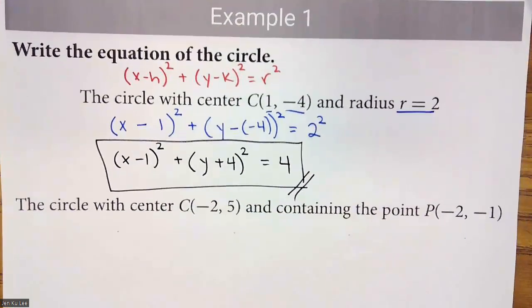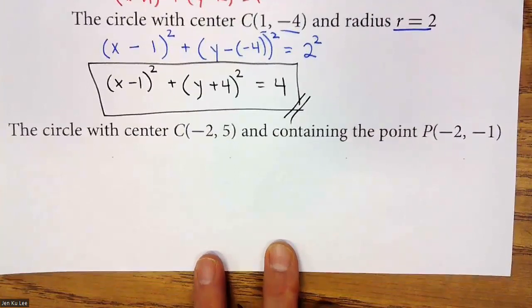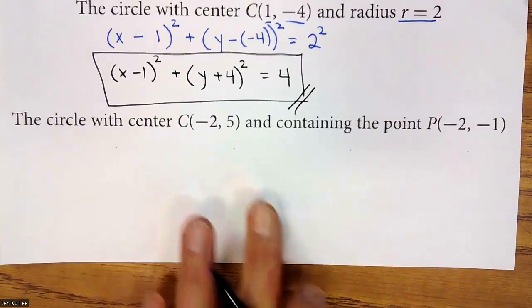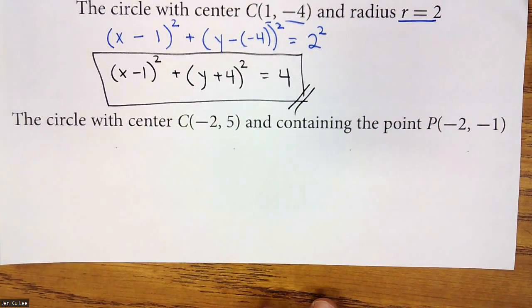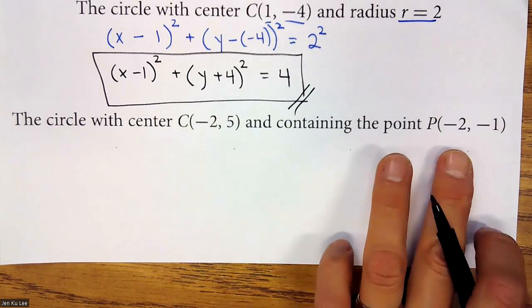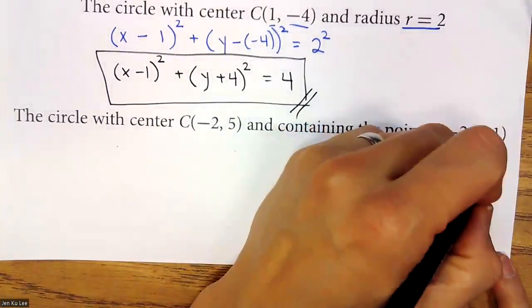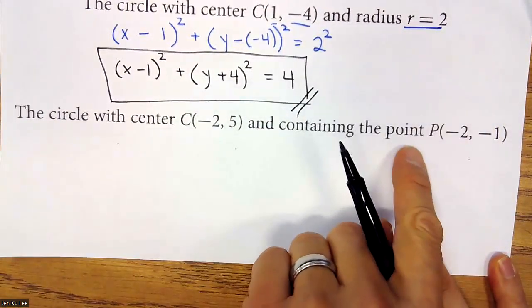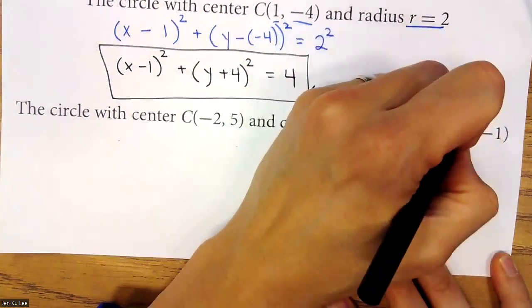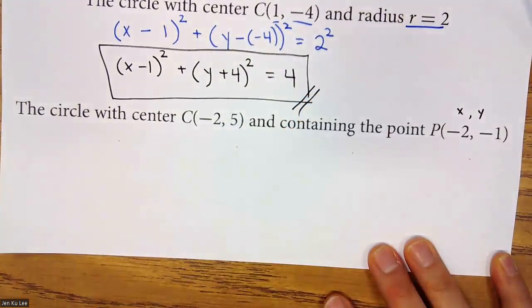We'll do that now. The circle with the center of negative 2 comma 5 that contains the point P of negative 2 comma negative 1. If it contains the point P, that's my x comma y.